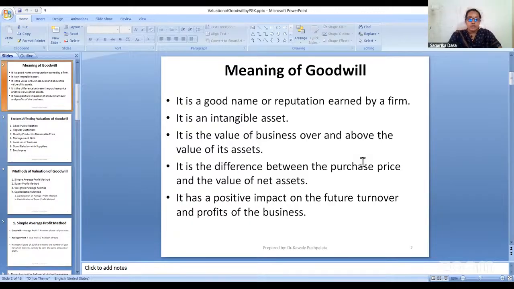We have valuation of goodwill and valuation of shares. Now let us try to understand valuation of goodwill.